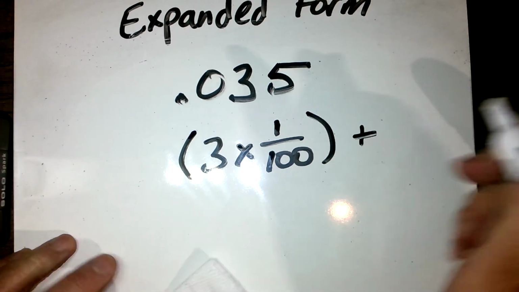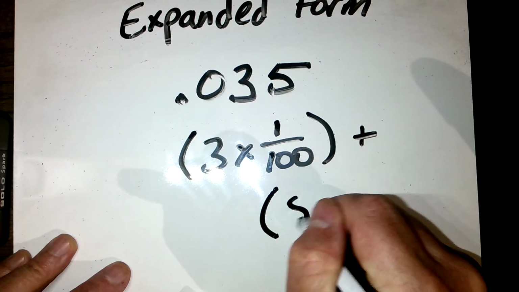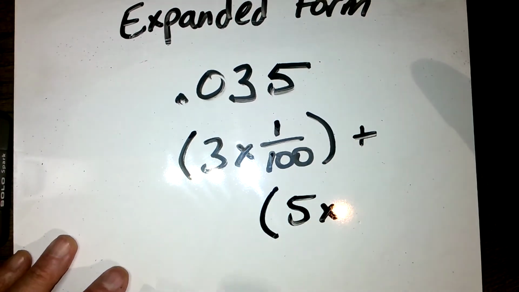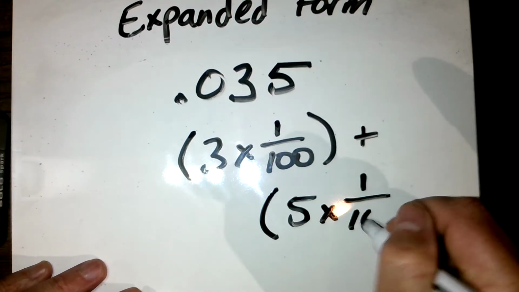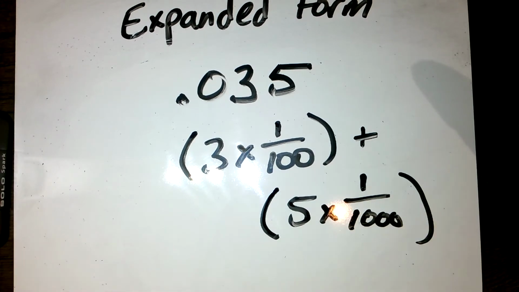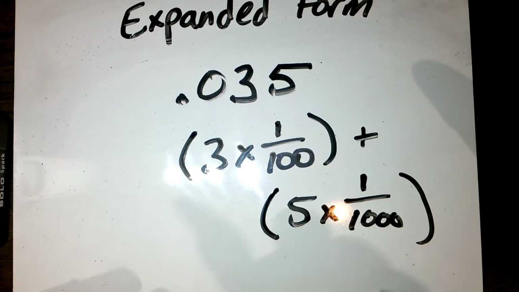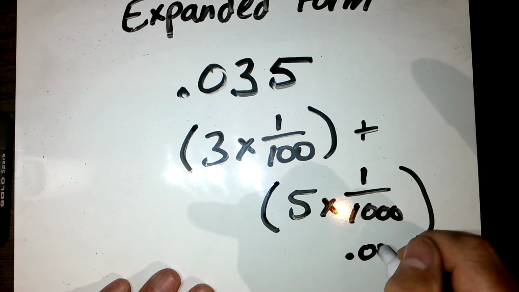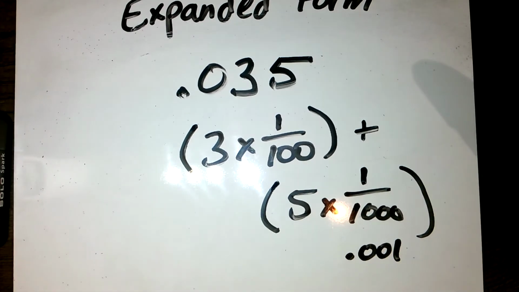Plus 5, and that is in the thousandth place. So I'll put 5 times 1/1,000. You could have also written 0.001 instead of the fraction if you would like. You choose either one.